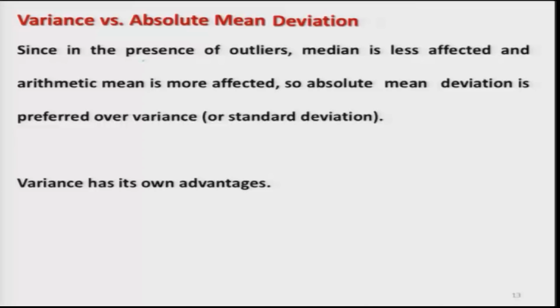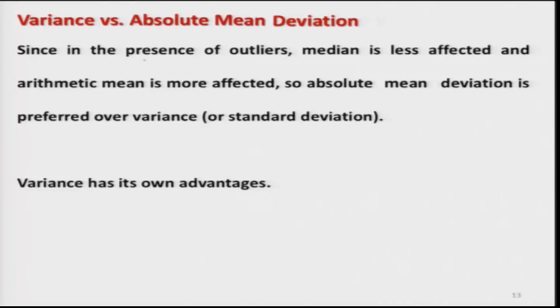Now, in case you try to compare the variance and the absolute mean deviation, you know that when there are some outliers or extreme observations inside the sample, the median is less affected than the arithmetic mean.